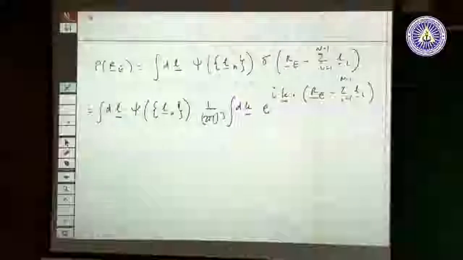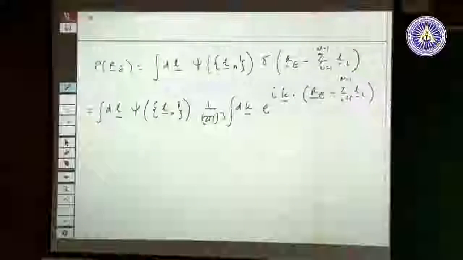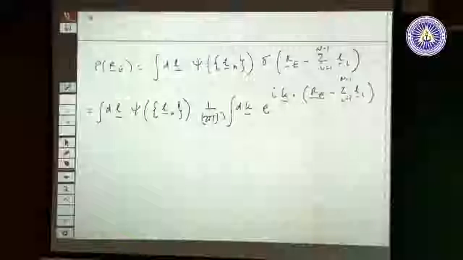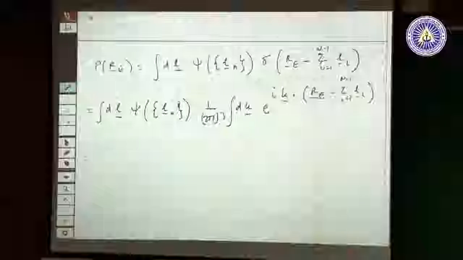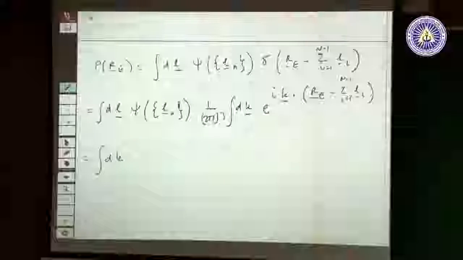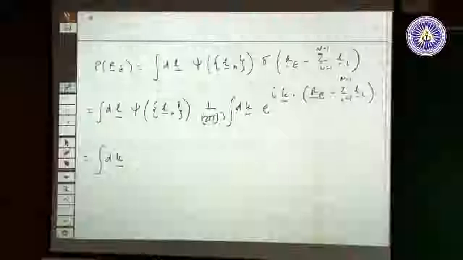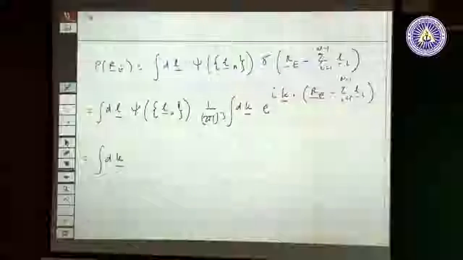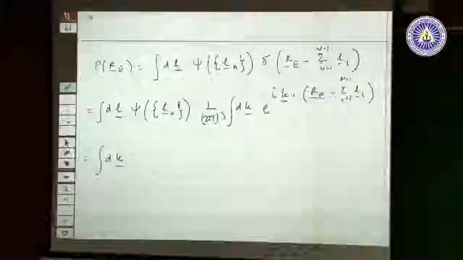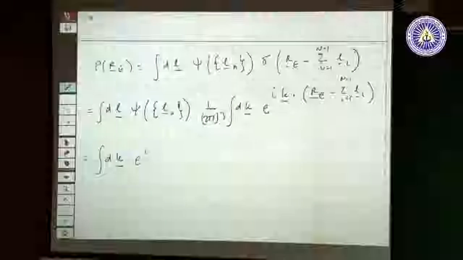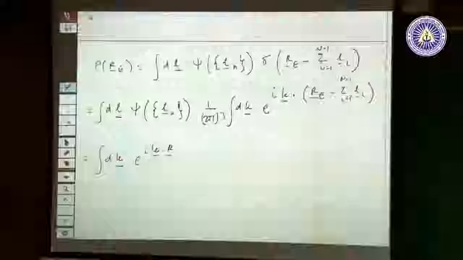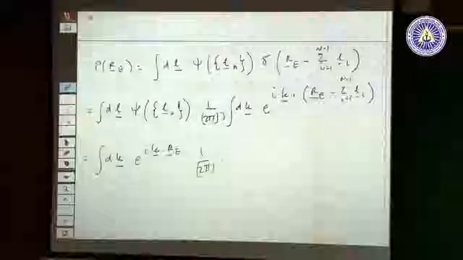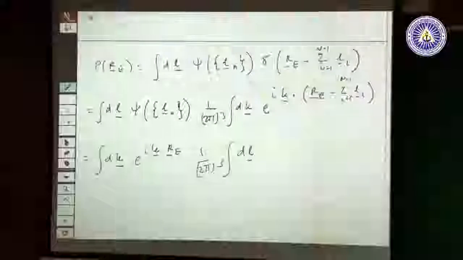Okay. Now, again I am going to shift the order of the integrals, and so let us do the dk one here first, and I will remove only the R_E term, because the R_E is not involved with the other integral. So, this is just e^(ik·R_E) times e^(-ik·sum of L_i), so I can write this as e^(ik·R_E) times 1 over (2π)^3 integral now dL.